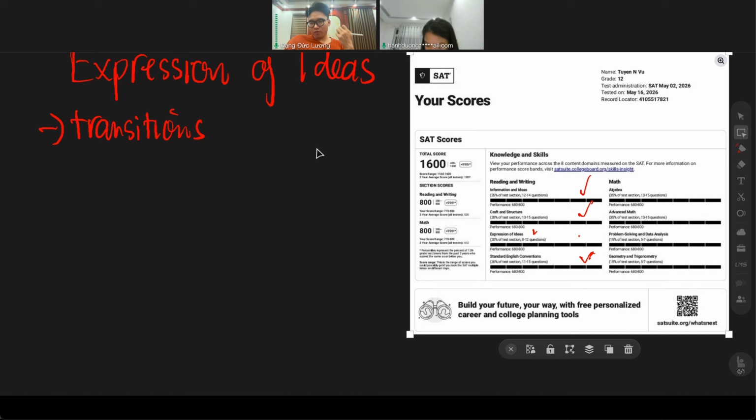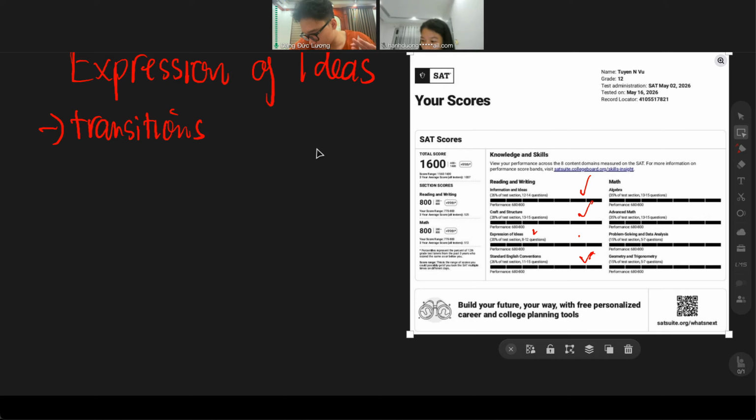Okay, so it has three groups, right? The contrast group is however, nevertheless, conversely. The cause and effect group is thus, therefore, consequently. And the addition and exemplification group is moreover, furthermore, for instance, right?